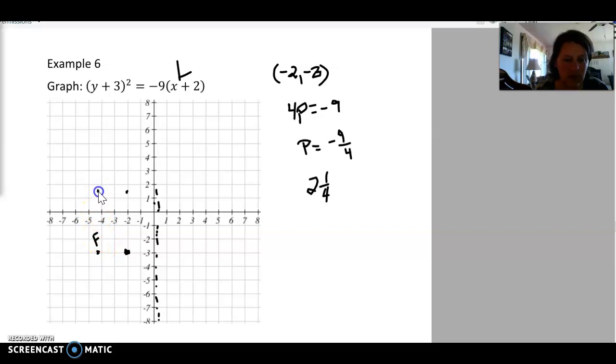So 4 1/2 from the focus in each direction: 1, 2, 3, 4, 5. Okay, that gives us a really good look at what our parabola is going to be. Okay, and that's our graph.